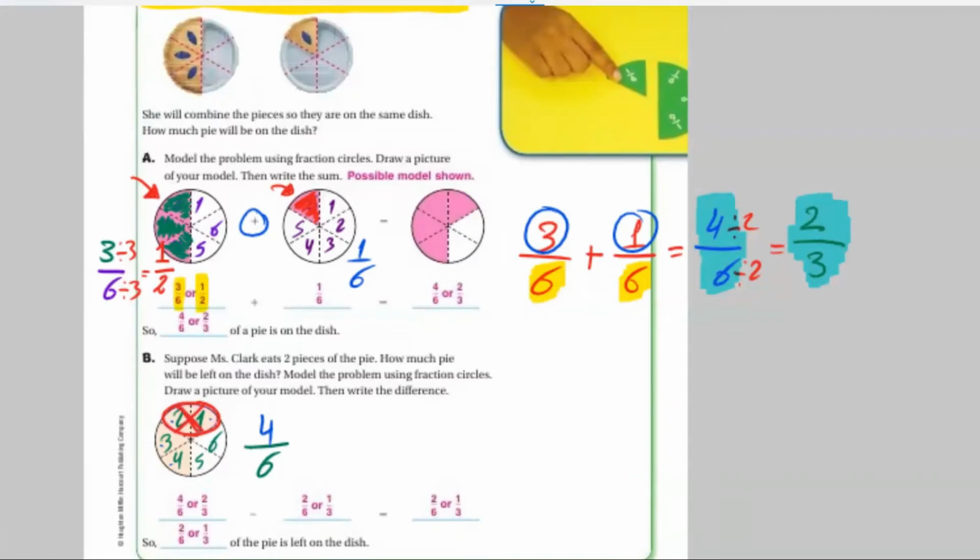As you see, Miss Clark eats 2 pieces of the pie. So we're going to take out or remove 2 pieces from this pie, right? So what is the meaning of this X? You have to subtract, right? So if you see this X, you have to subtract and put the 6 the same, because the total number of pieces is the same.